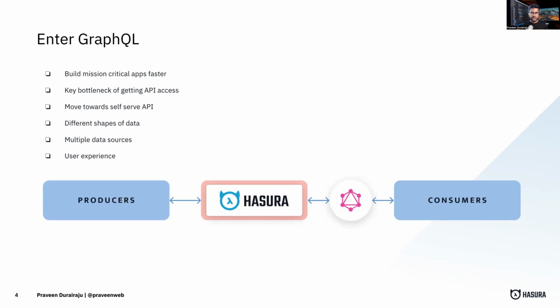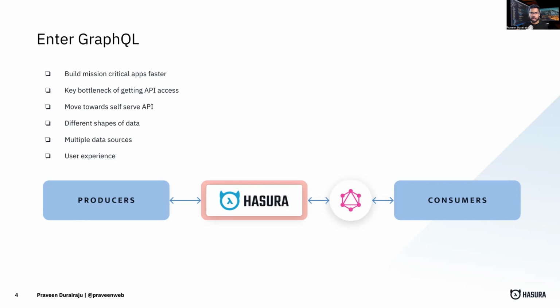So GraphQL solves a key bottleneck for data access by being a schema type system by itself, and hence you have consumers accessing data through GraphQL, which makes it easy and abstracts away the producers of data, right?